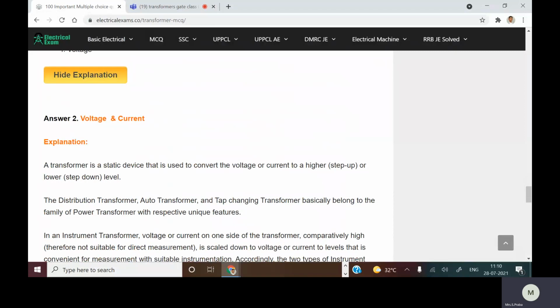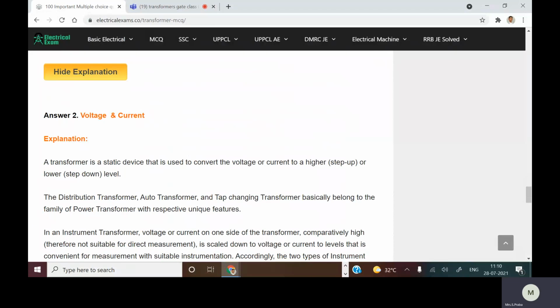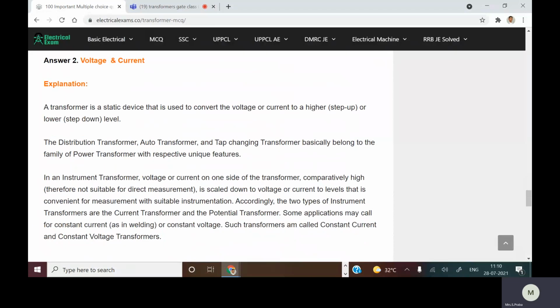The transformer is a static device that is used to convert the voltage or current to a higher or lower level. That is, a transformer is a static device which converts voltage or current, step up or step down, depending upon the application. I already said we have various transformers: distribution transformer, auto transformer, tap changing transformer. They basically belong to the family of power transformers with respective unique features, depending upon the applications.